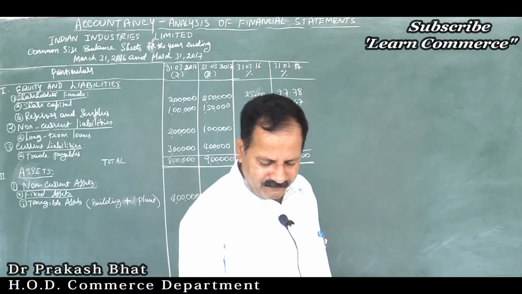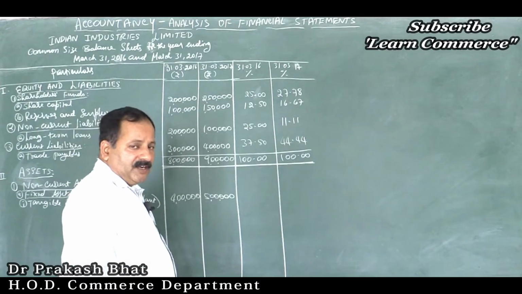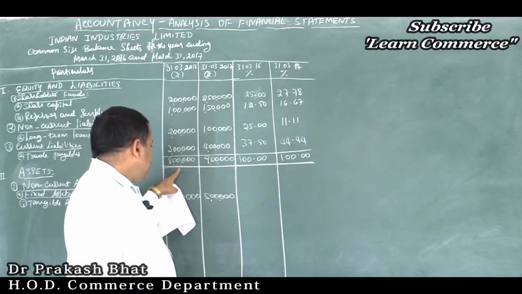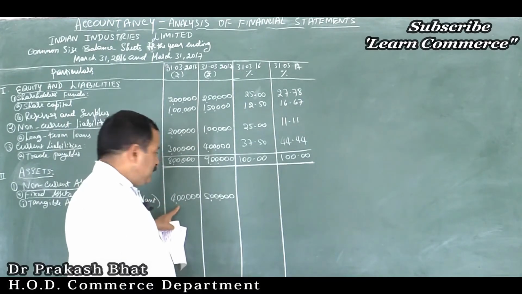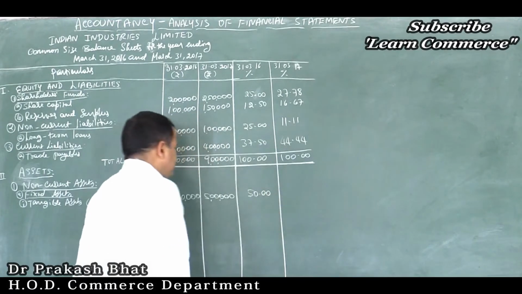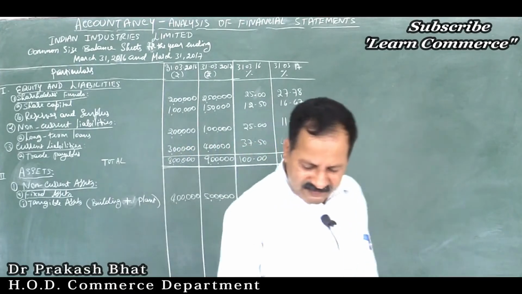Here 8 lakh means 100, isn't it? Total of assets or total of liabilities, both are one and the same. 8 lakh means 100, 4 lakh means how much? 50%, right? Very simple. Then 9 lakh means 100, 5 lakh means how much?